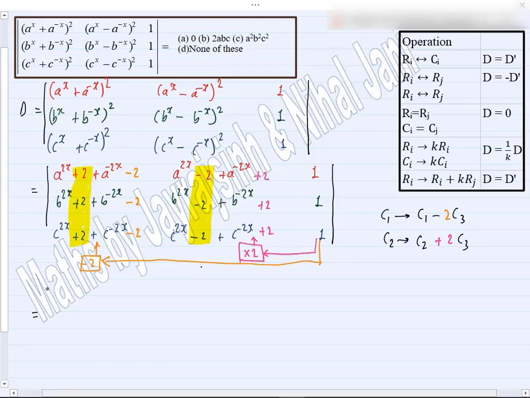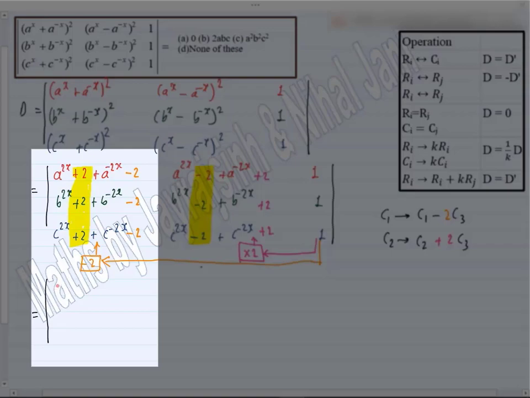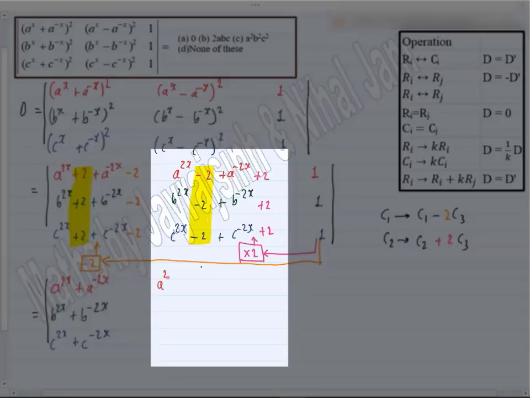So our simplified determinant will be a raised to 2x, where plus 2 and minus 2 cancel out, and we will get a raised to minus 2x, b raised to 2x plus b raised to minus 2x, and c raised to 2x plus c raised to minus 2x. Similarly, our second column will be a raised to 2x plus a raised to minus 2x, b raised to 2x plus b raised to minus 2x, and c raised to 2x plus c raised to minus 2x.